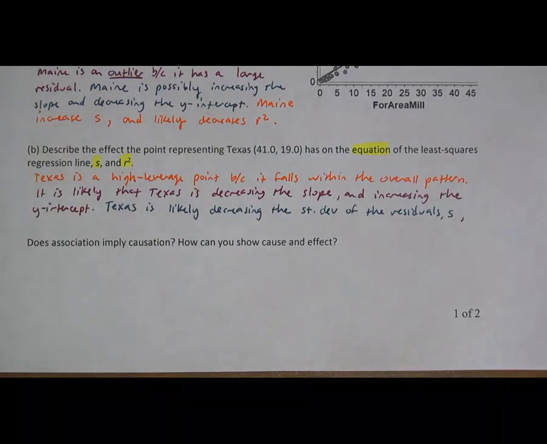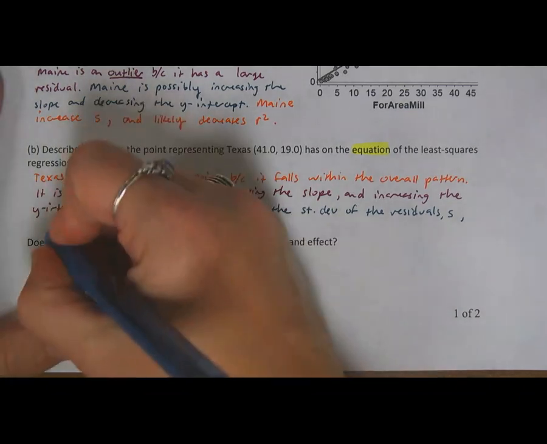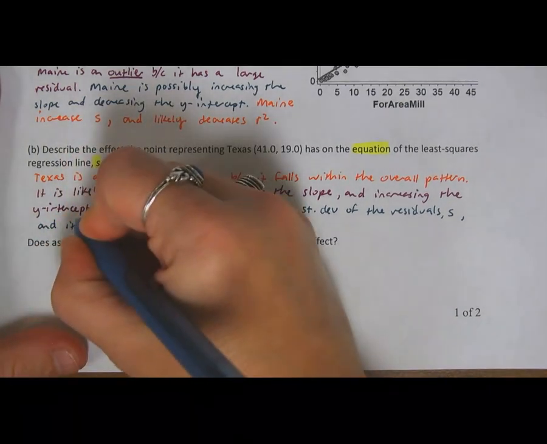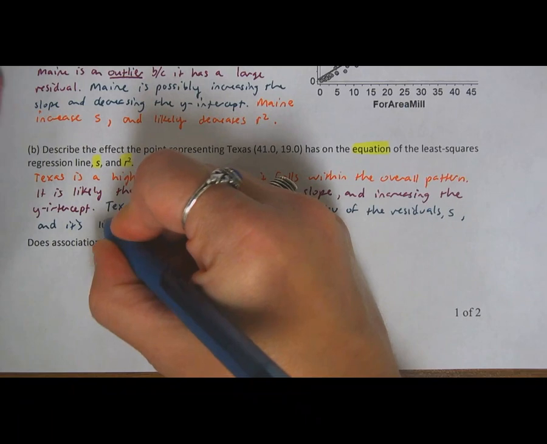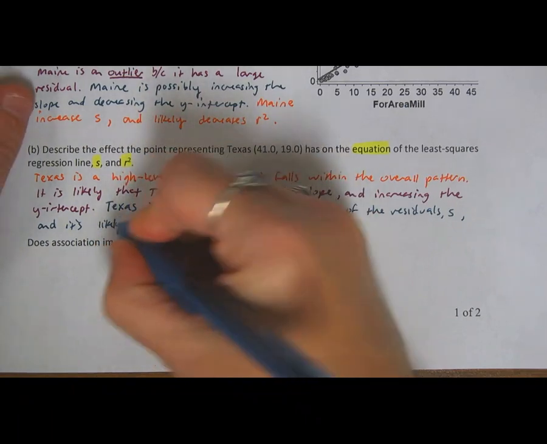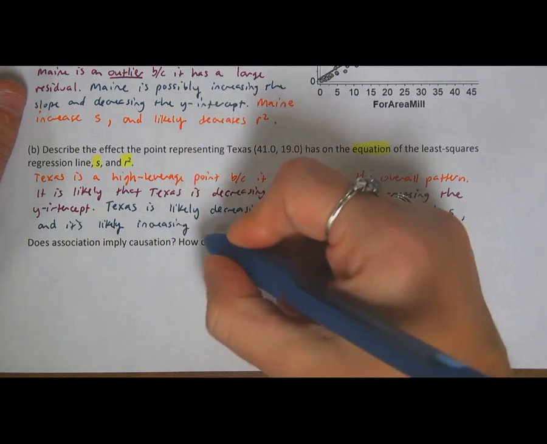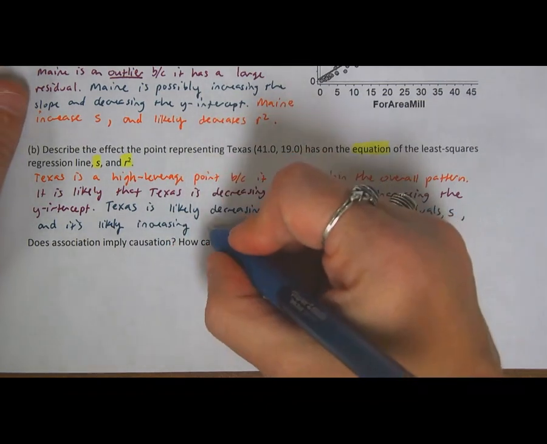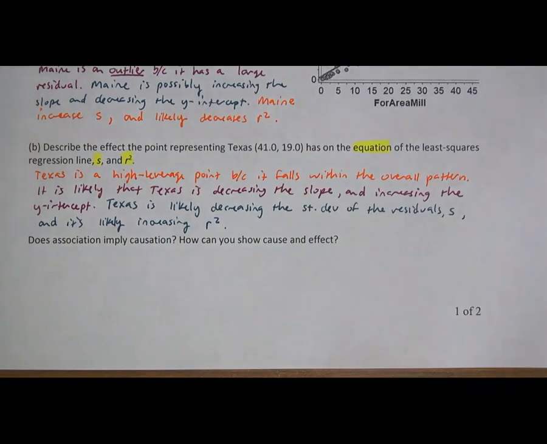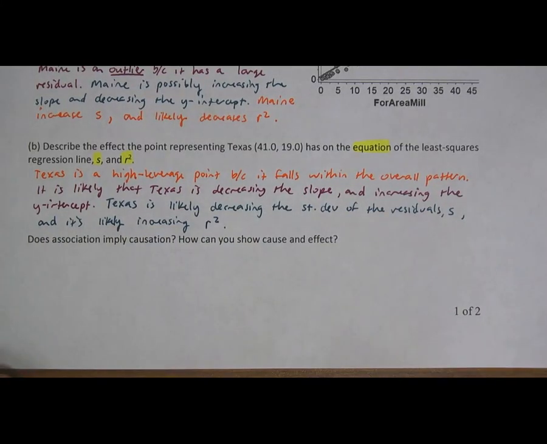And smaller S values are good. And it's likely increasing the strength of the correlation squared. It's likely increasing R squared.